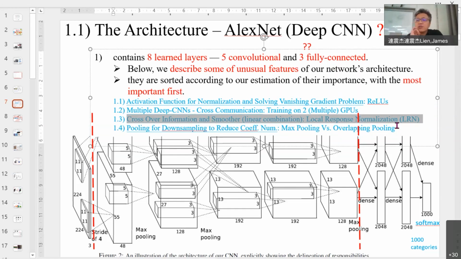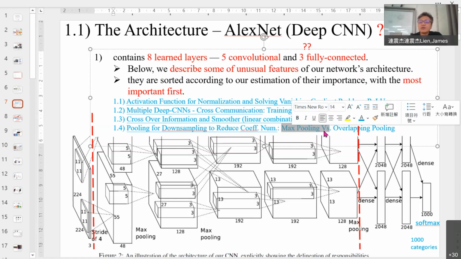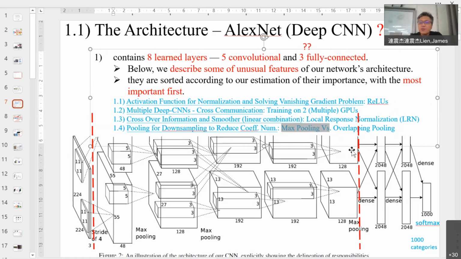Right now we use batch normalization instead, so forget this one. The fourth contribution is that they do downsampling using maximum pooling. So they have 4 contributions.